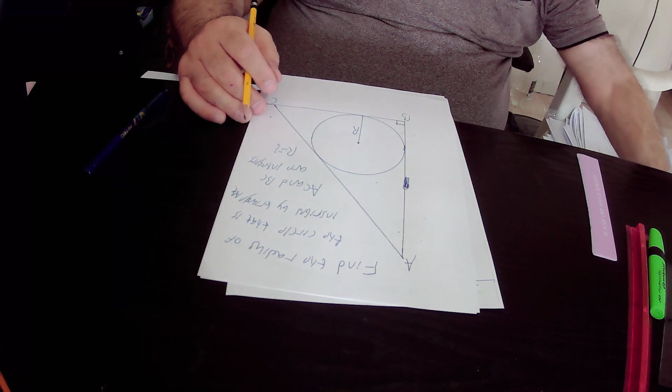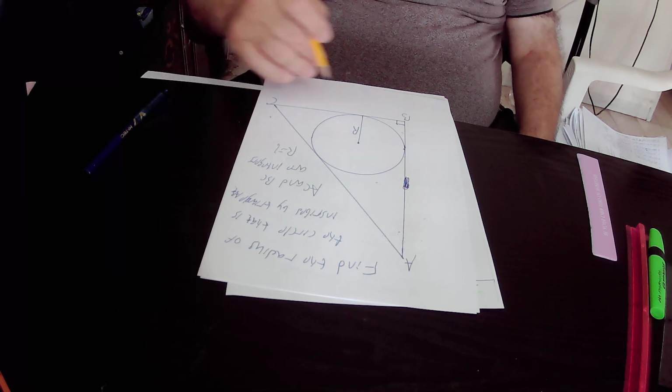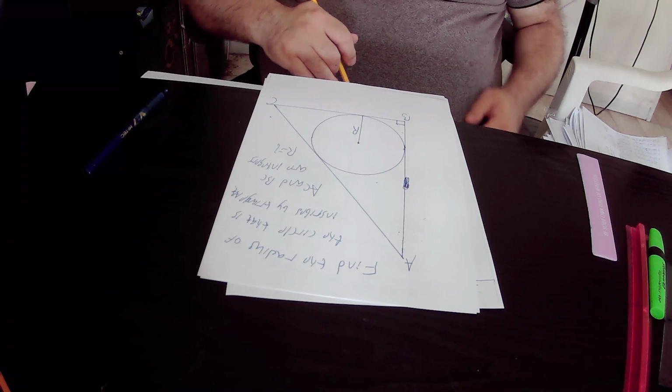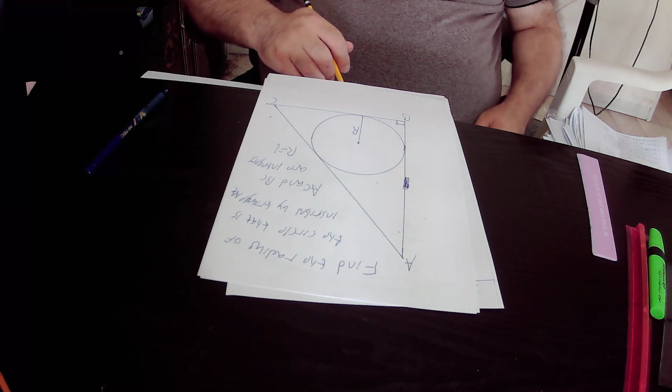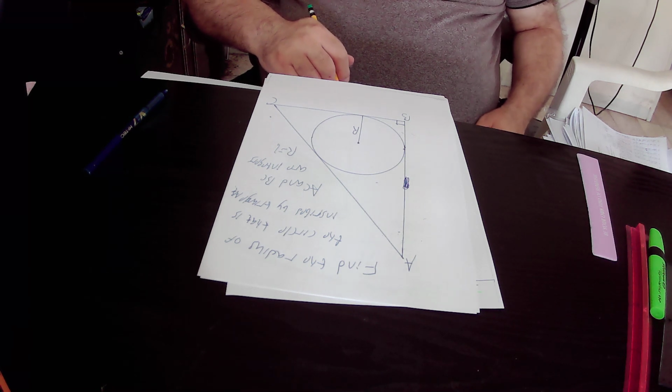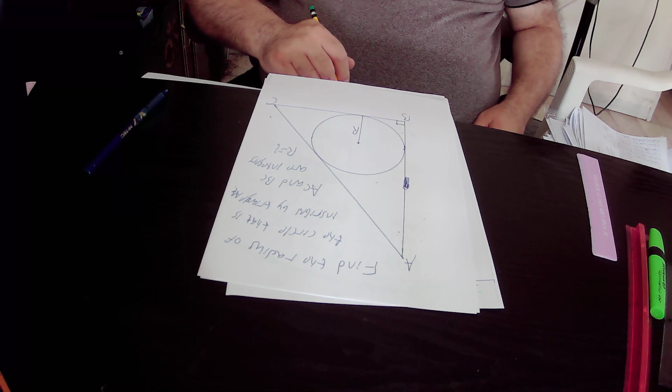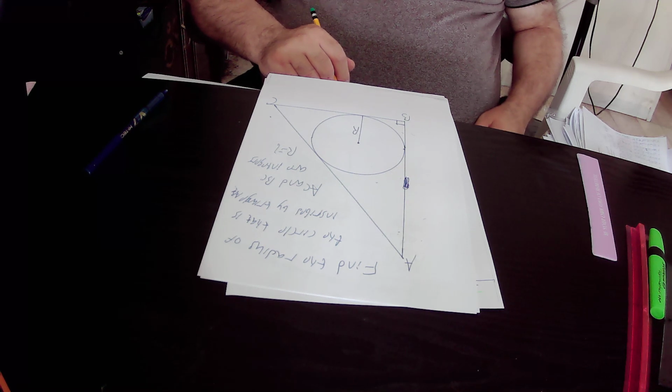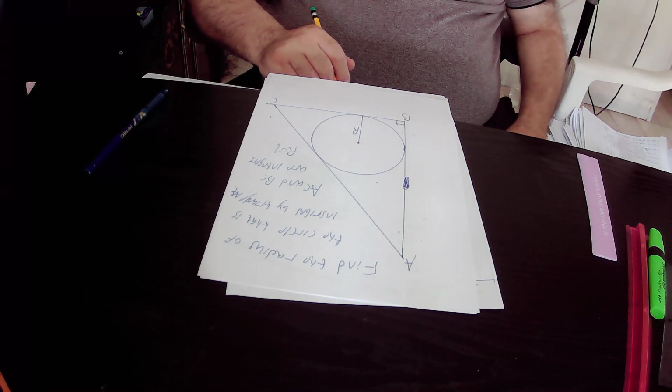Inside this right triangle, we have this circle, and we will find the radius of this circle. So we will get a formula that is true for any right triangle, and we'll use the new formula for our two specific right triangles.